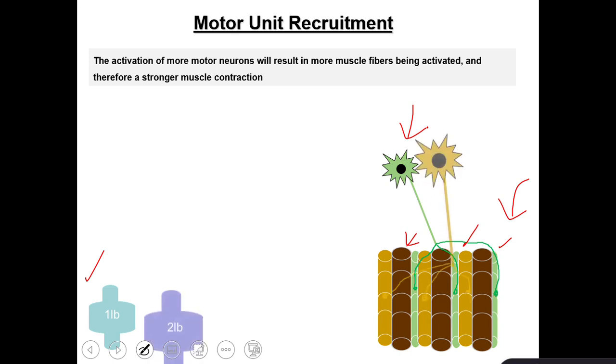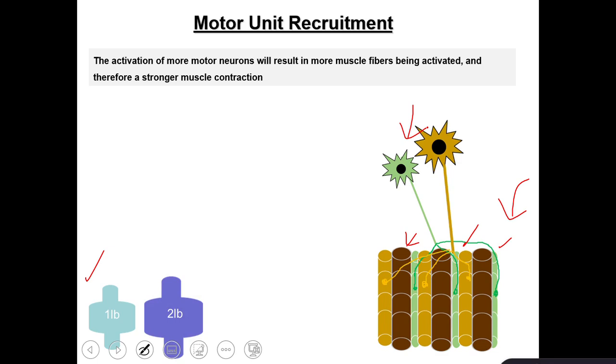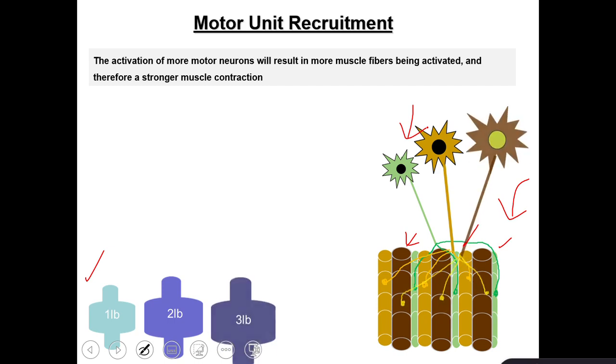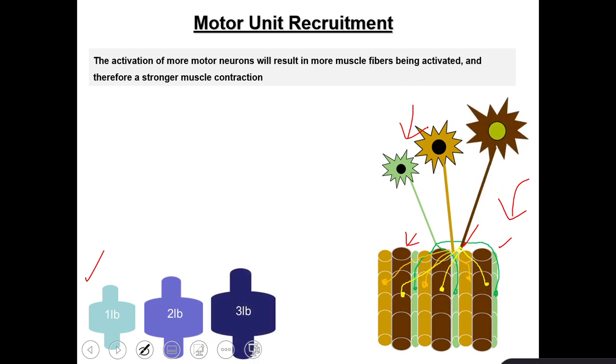So here, another motor neuron gives its signals to the other muscle cells supplied by that individual motor neuron. So you are recruiting one more. How about if you want to do even a stronger contraction, like carrying 3 pounds, you will add motor units to be active. So more muscle fibers are going to be active and you will be having a stronger contraction. So here, you can see that a third motor unit is now active and the contraction becomes stronger.